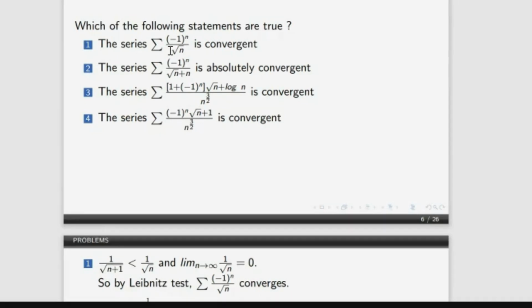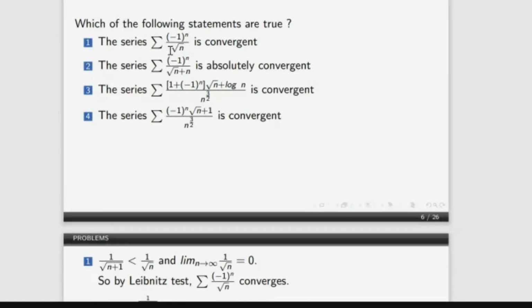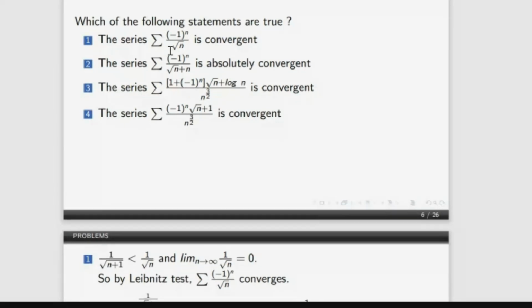Nothing is told in that case. Yes, this is conditionally convergent. That is, the series itself is convergent. So that is actually just two types of definition.